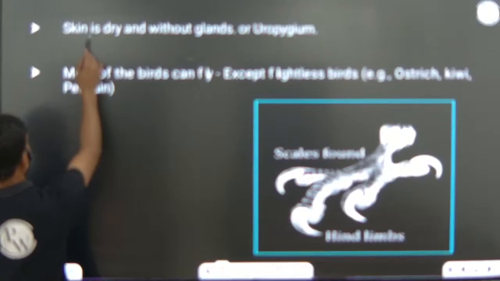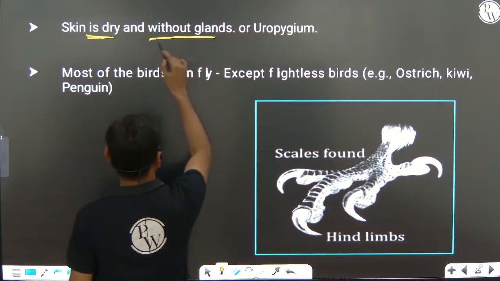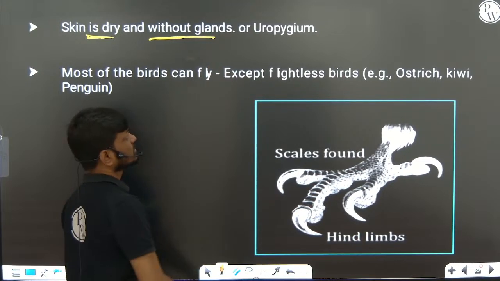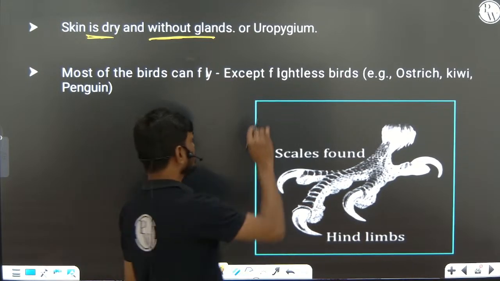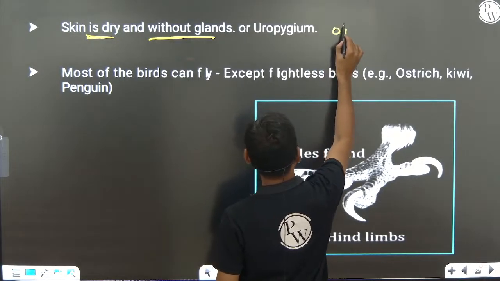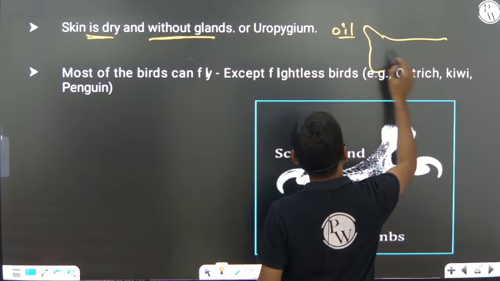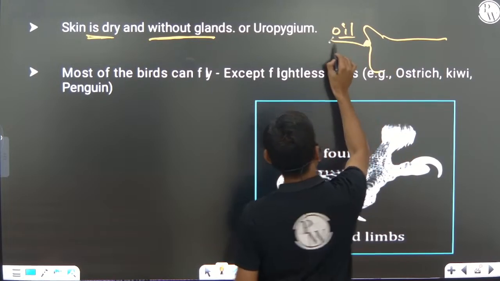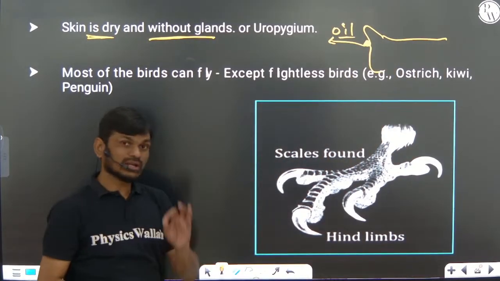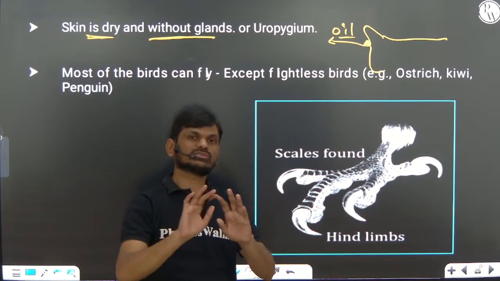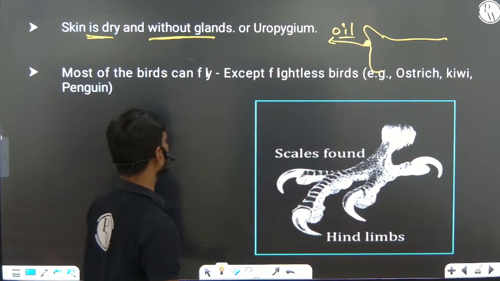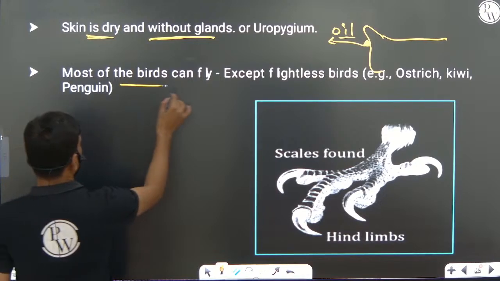Skin is dry without glands except the oil gland, the uropygial gland, present at the base of the tail. Here only the oil gland or uropygial gland is present; except that there are no other glands. Most of the birds can fly, except those I told you.